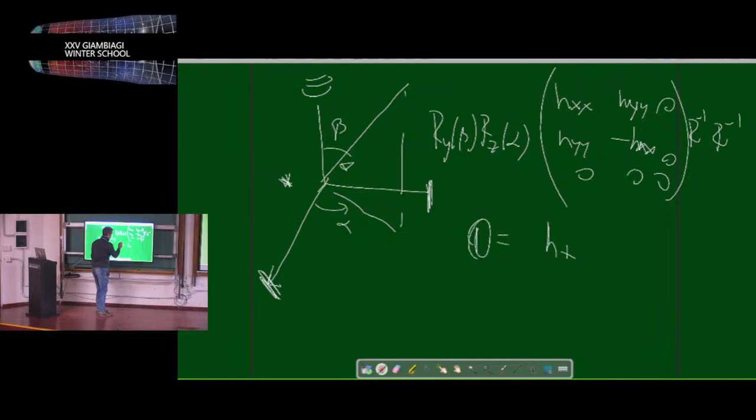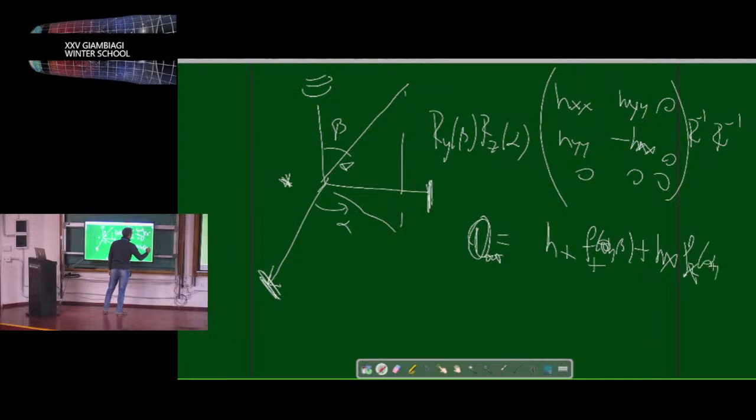The output of the detector will become proportional to h plus times a factor that depends on alpha and beta, plus it will also depend on h cross, plus another factor that depends on alpha and beta. Okay? It's straightforward to do.